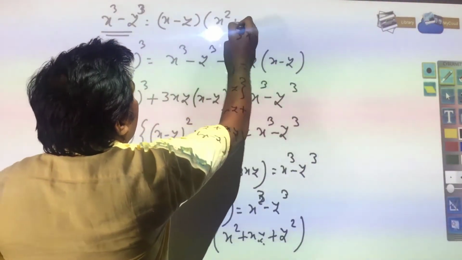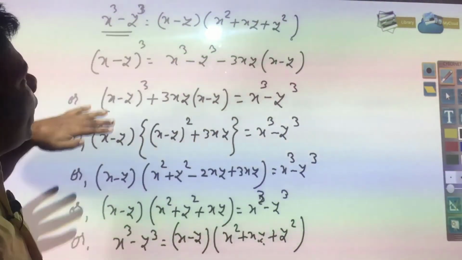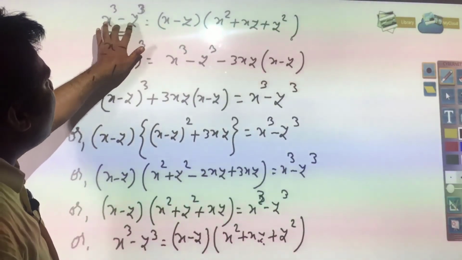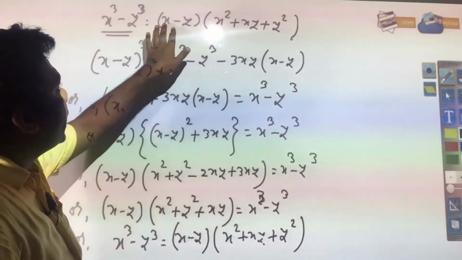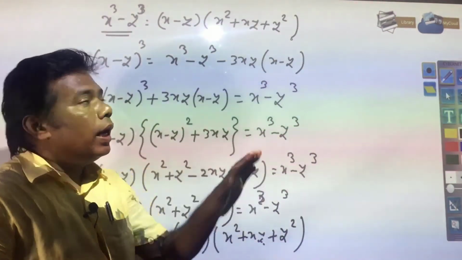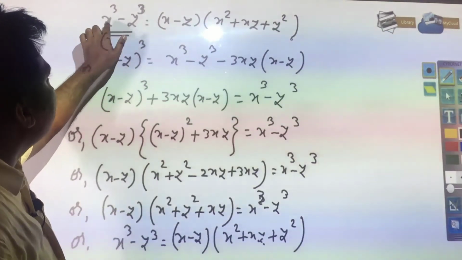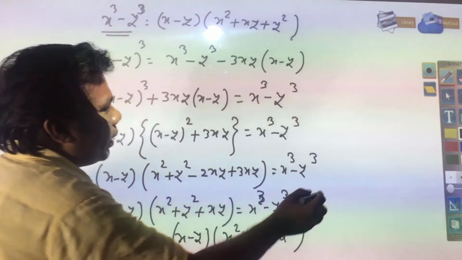So, if we have difference of cubes, meaning x cube minus y cube, then we have the formula x minus y into x square plus xy plus y square. And when we have a sum, meaning x cube plus y cube, in this case what will we have?